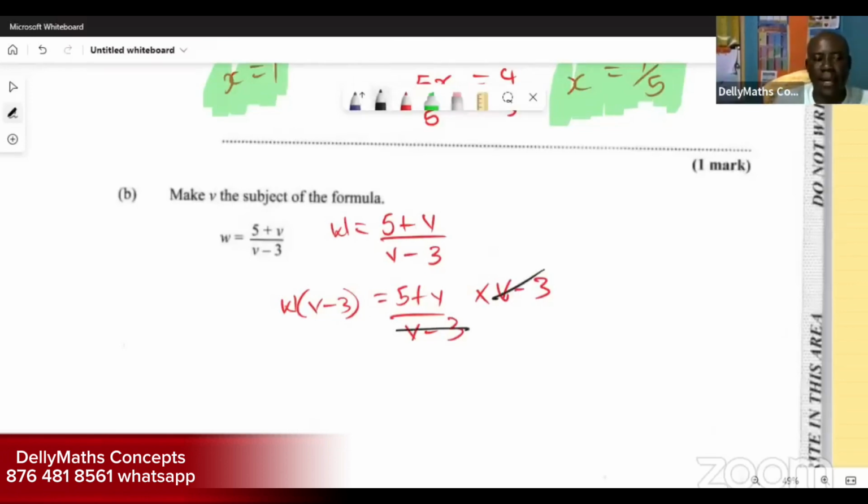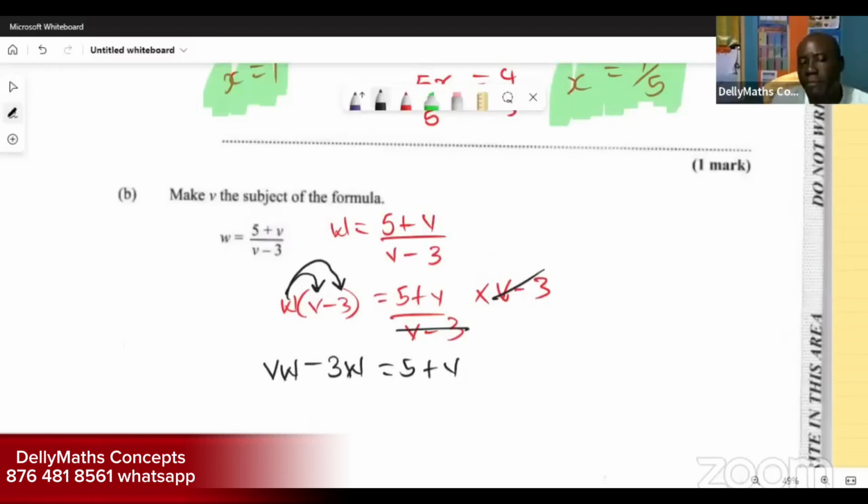But on the left side, I am going to have to distribute the W inside the bracket so that I could expose that V. So what do we have here? Well, we'll have V times W minus 3 times W. And this is equal to 5 plus V.